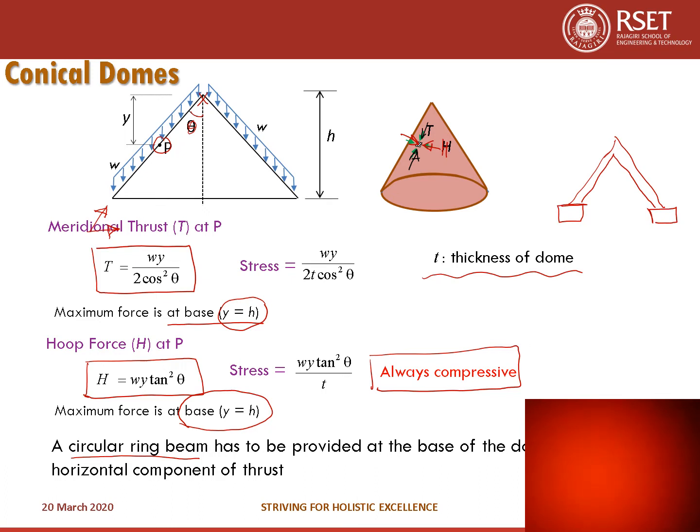It will be circular in plan. The horizontal component of the meridional thrust will act like a force on the ring beam. This will cause a hoop tension force in the ring beam, so this ring beam has to be designed for this tension force.